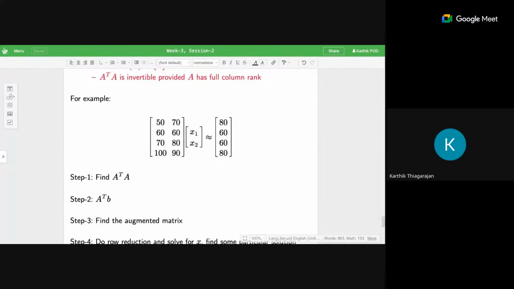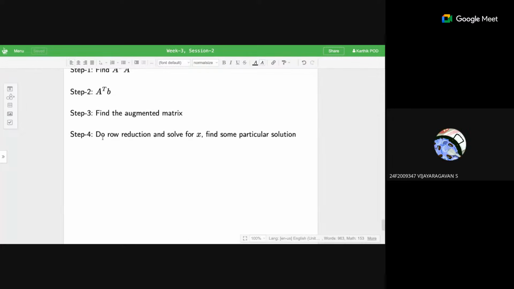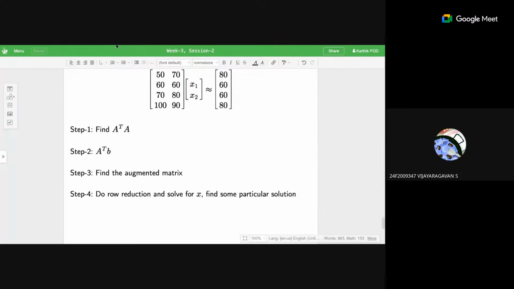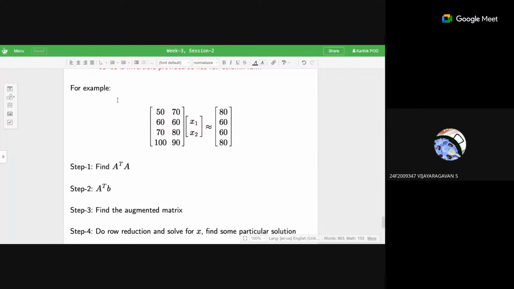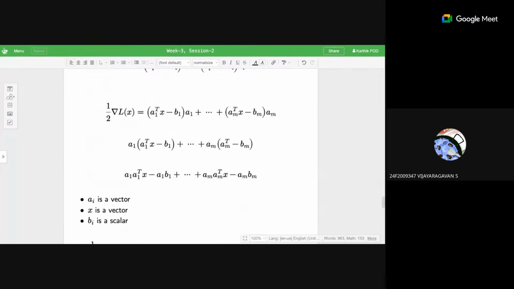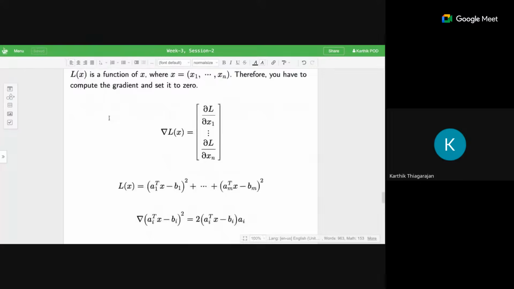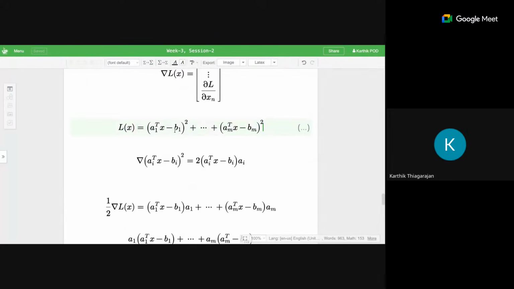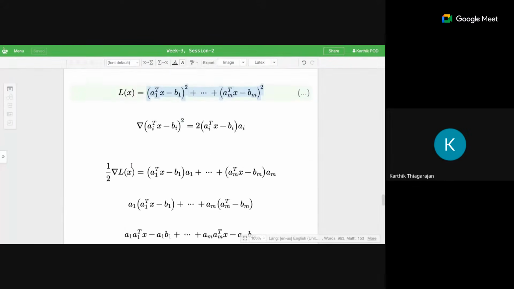Sir, could you please repeat how we arrived at this least square problem? You first define the loss as the sum of squared errors, and then you want to minimize this, right?